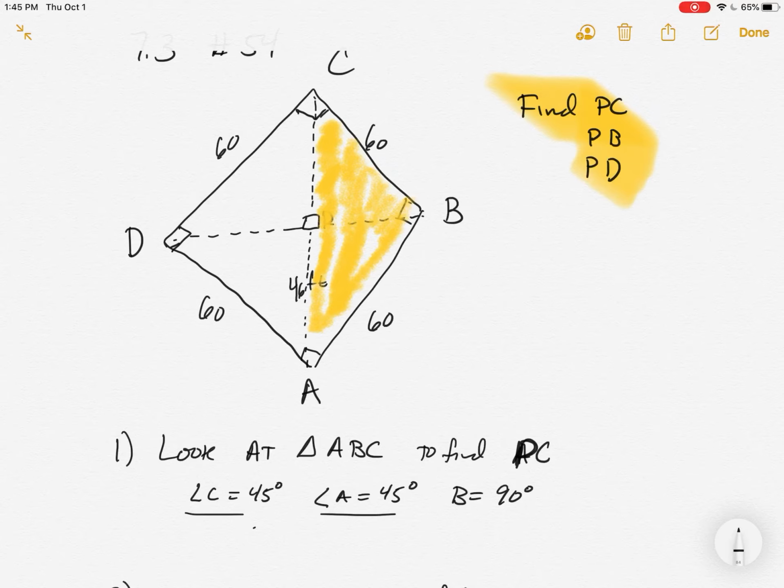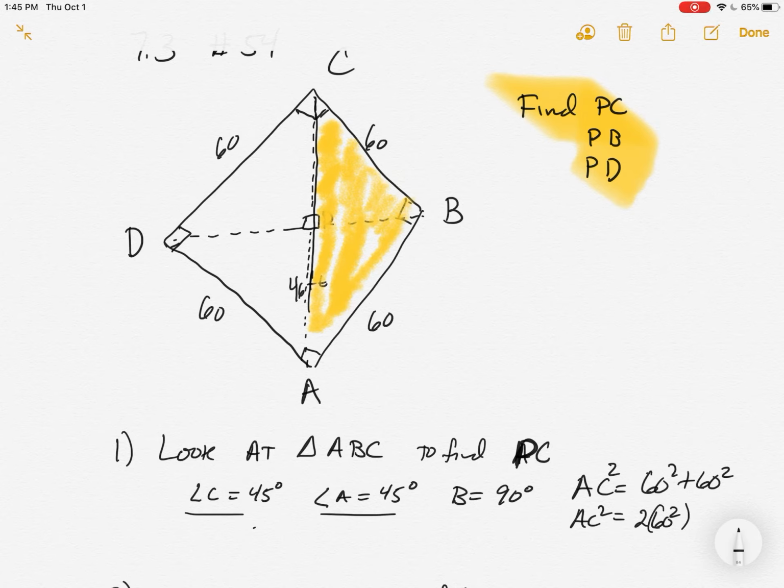Because it's a right triangle, it's going to follow the Pythagorean theorem. So the distance from A to C, that long distance here, the hypotenuse length, is going to be easy. AC squared, the hypotenuse squared, is equal to the legs summed up squared. And so AC squared is going to be equal to 2 times 60 squared, right?